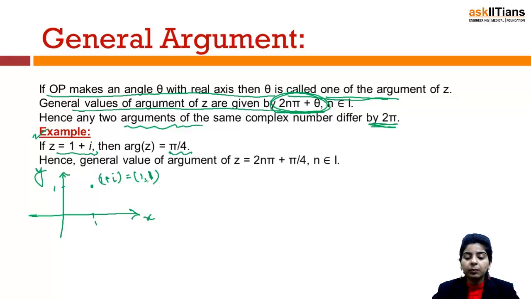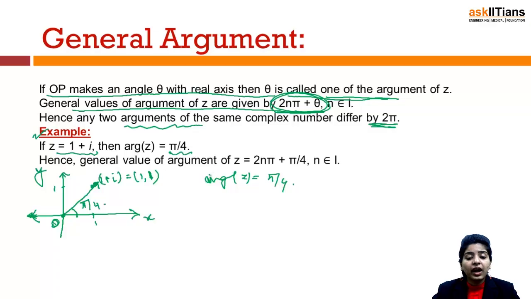Which means this is the real part 1 plus iota times the imaginary part, which is also 1. So if you see the angle made by this 1 plus iota, this is a point, this angle is pi by 4. This is my origin. So since this angle is pi by 4, therefore argument of z in this case is pi by 4.